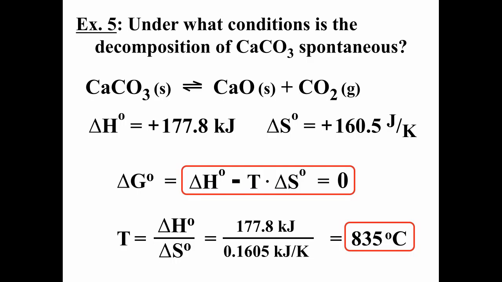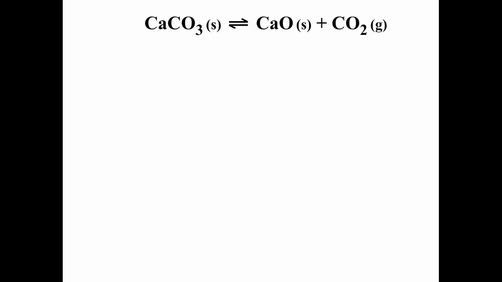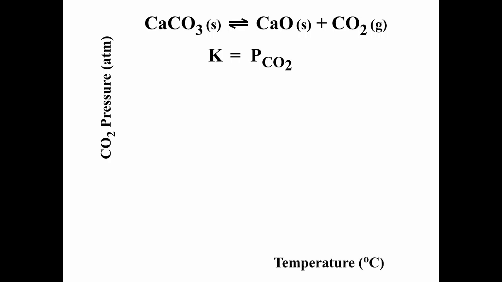Now, one other thing to note, what does this mean? Well, if we look at this reaction, and note that its equilibrium constant is simply the pressure of CO2 at equilibrium, because calcium carbonate and calcium oxide are both solids, then if we track CO2 pressure, which is the equilibrium constant, versus temperature, you might want to think about what this should look like.